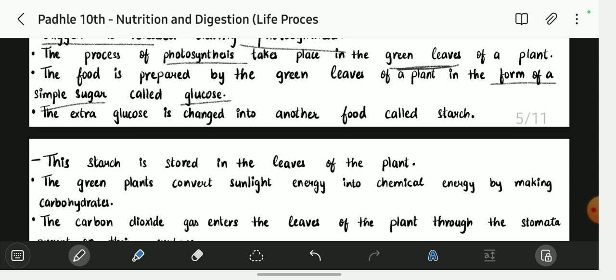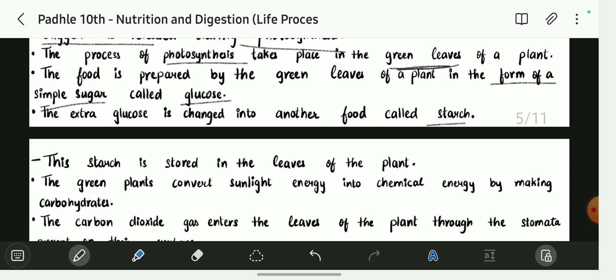Got it? So now we'll learn that the extra glucose is changed into another food called starch. The remaining glucose, the surplus, as you learned in ninth standard. What is meant by surplus? The unrequired items are called surplus.